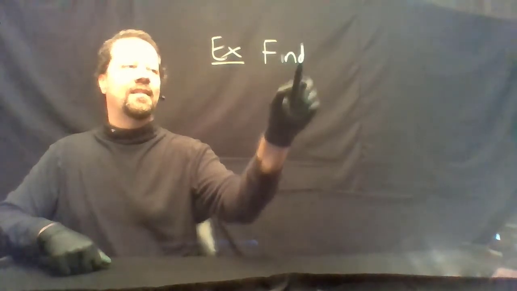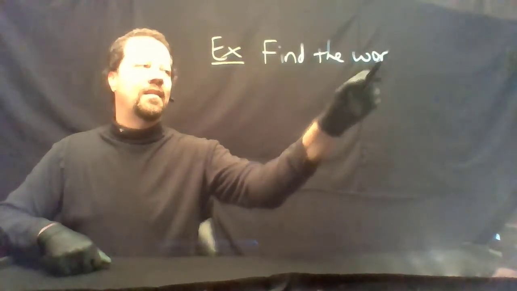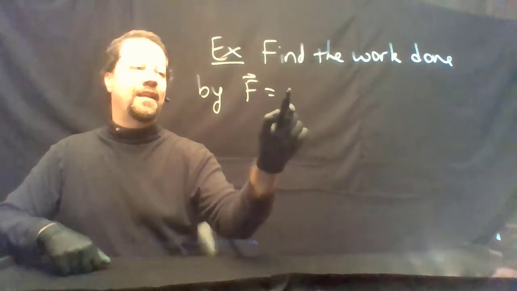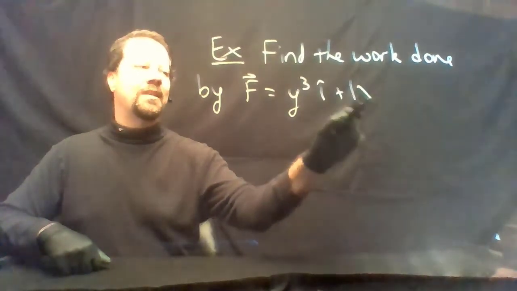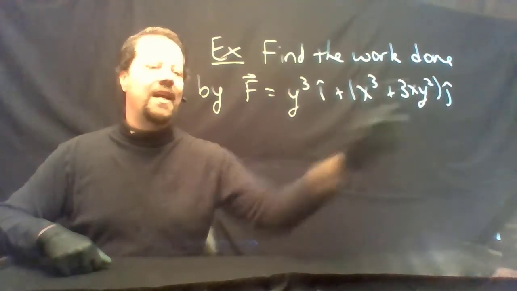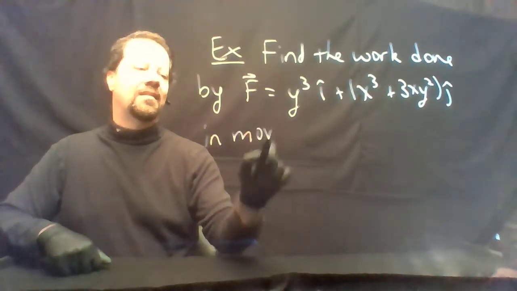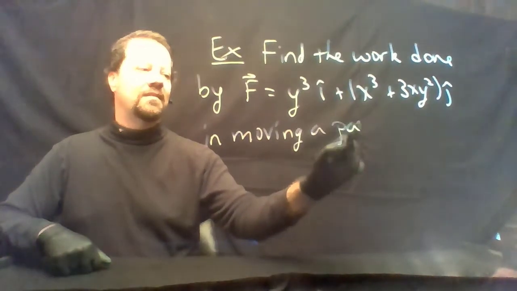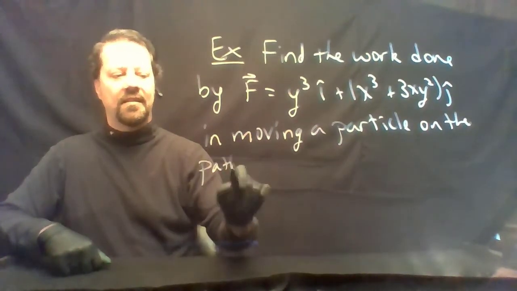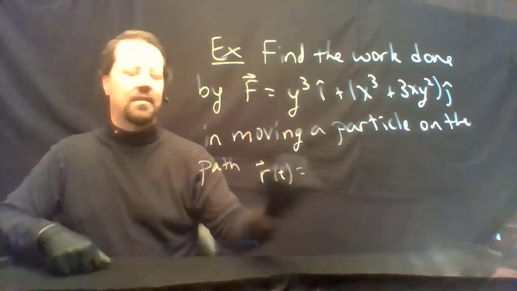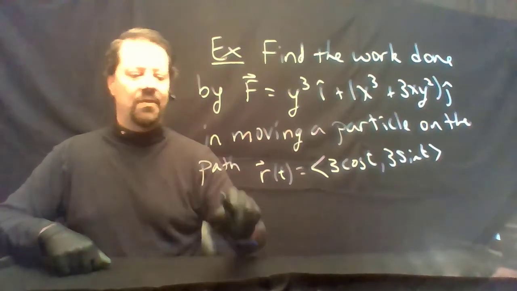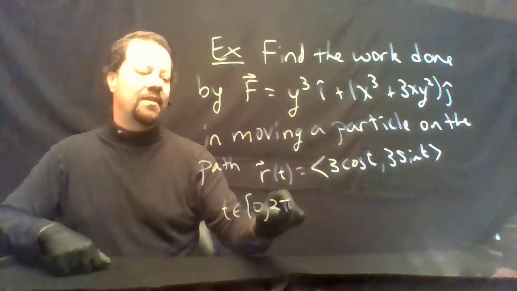Let's find the work done by the force field F equals y cubed i plus x cubed plus 3xy squared j in moving a particle on the path three cosine t, 3 sine t, where t goes from 0 to 2 pi.